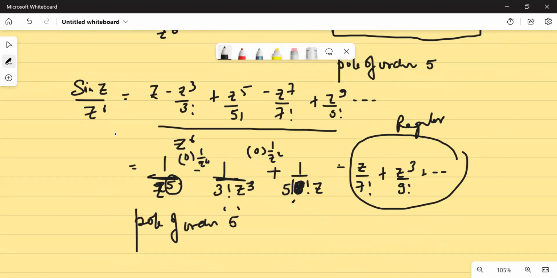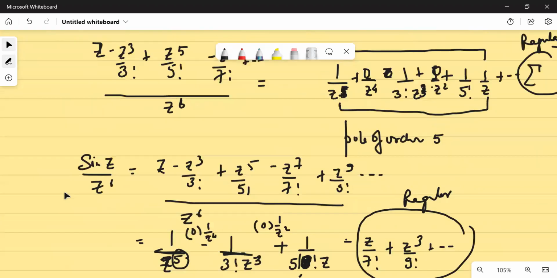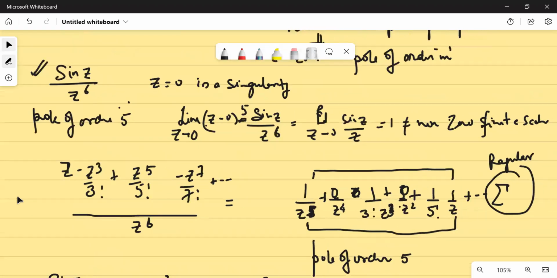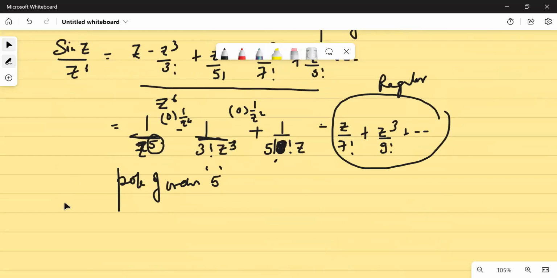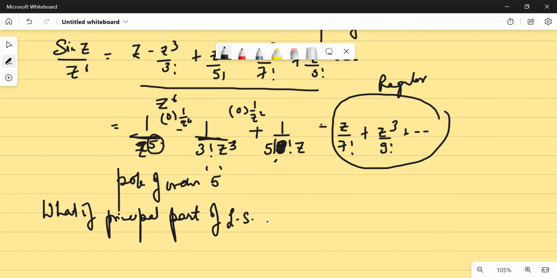So this is what I also told you from my limit analysis, that is, from the basic definition of what we've done. And what if the principal part of the Laurent series expansion contains an infinite number of terms?